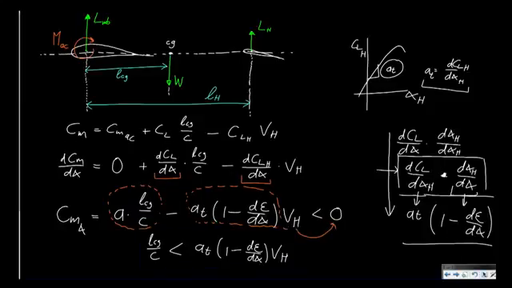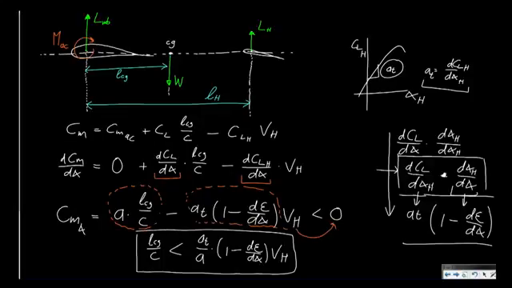I'm going to write it here. We get then AT divided by A, and this is the total definition of longitudinal static stability: that the distance between the aerodynamic center and the center of gravity, divided by the chord, has to be smaller than this expression. These are all numbers you can get for a specific choice of airfoils for your surfaces.